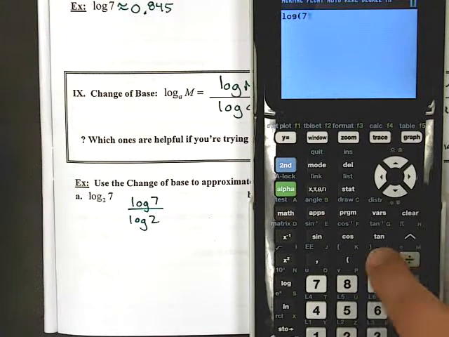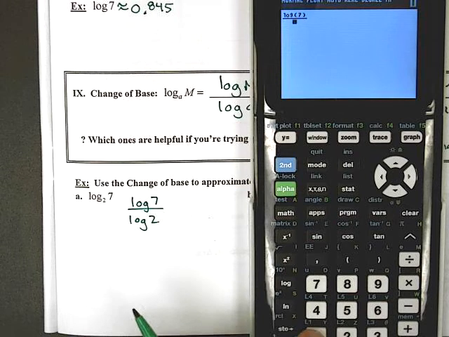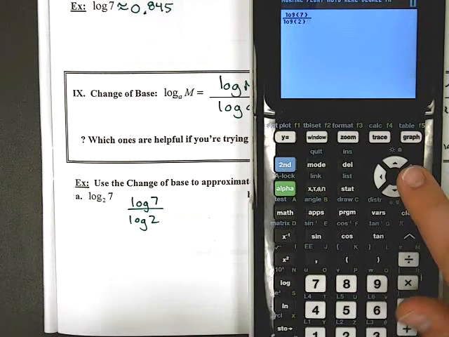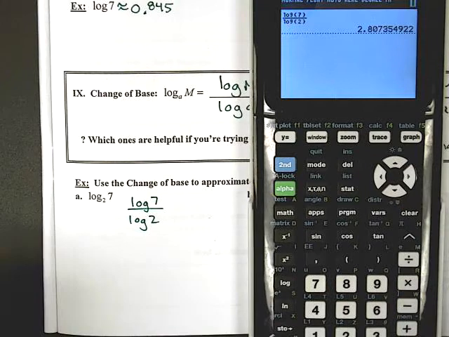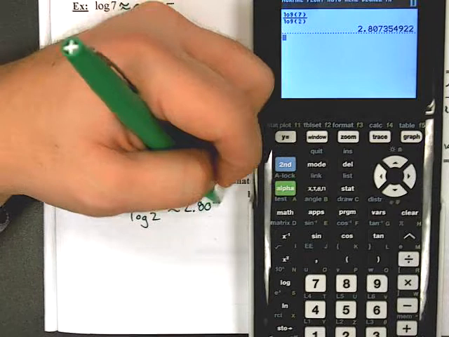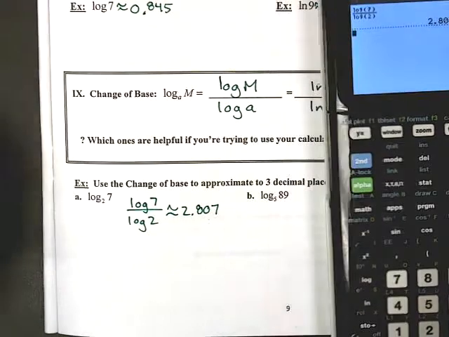So log 7, if you want, you can use the fraction, log 2, something like that. Hit enter, and I get 2.807.